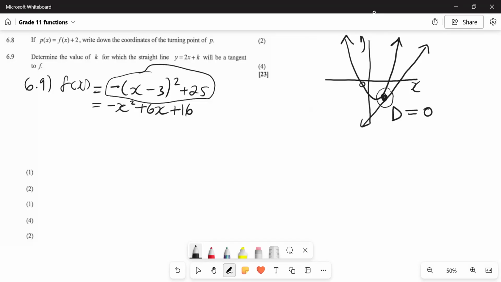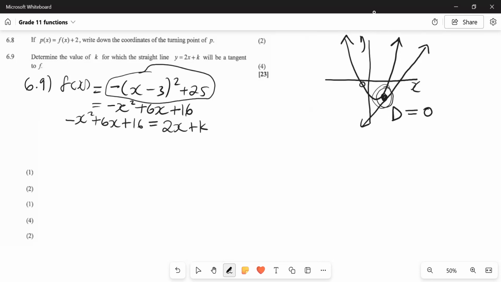Since this is the point of intersection, we must equate both graphs. So you have minus x squared plus 6x plus 16 equals 2x plus k, the tangent and the parabola.